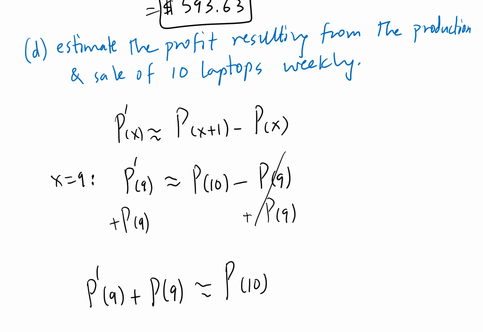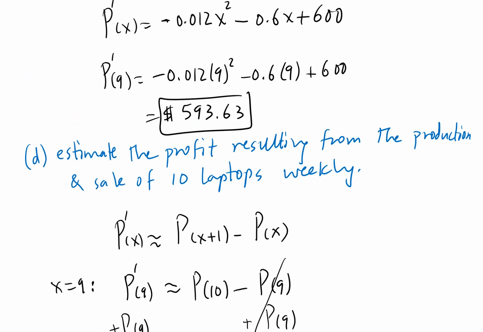Where am I going to get P prime at 9? We just found it in the previous part: 593.63.